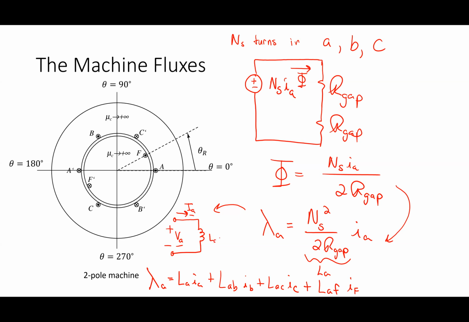This is LA right here. And I have that VA is equal to j omega LAIA, right? That is the circuit model that comes from this, a basic electrical circuit model relationship. And I did this with the passive sign convention, so that's all consistent.